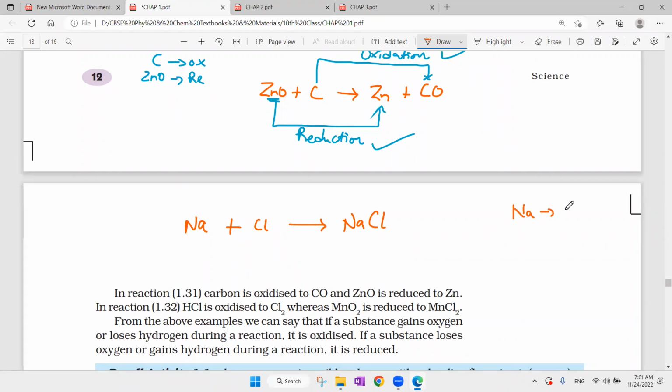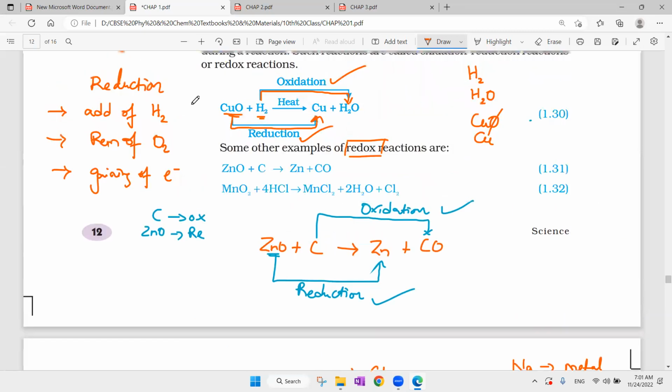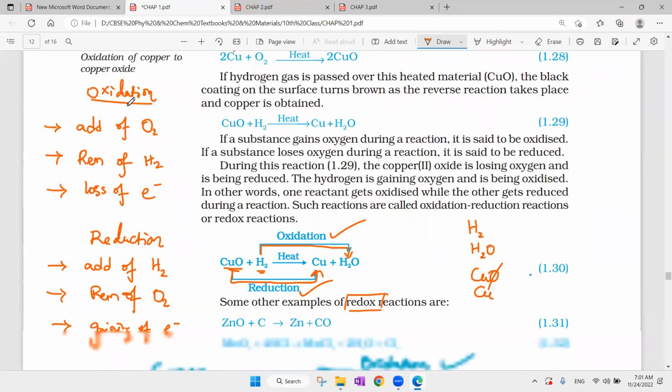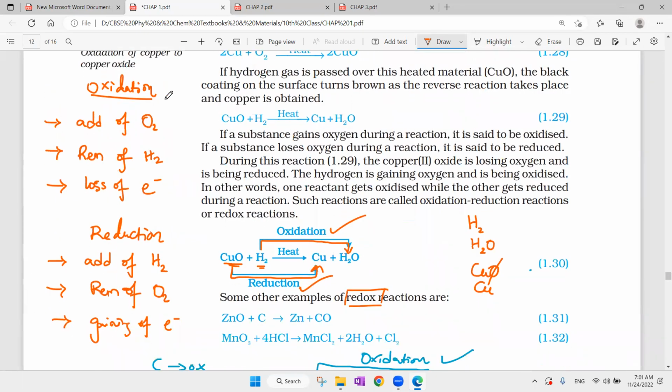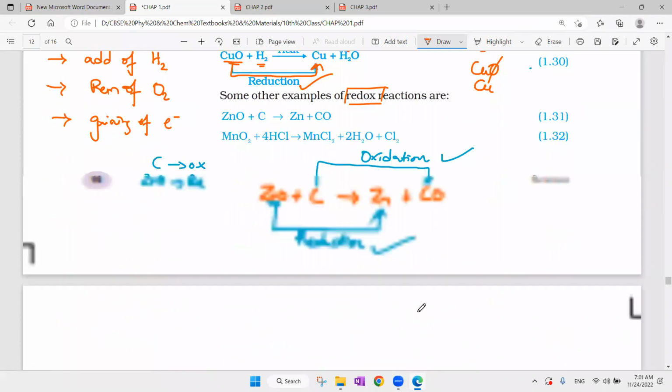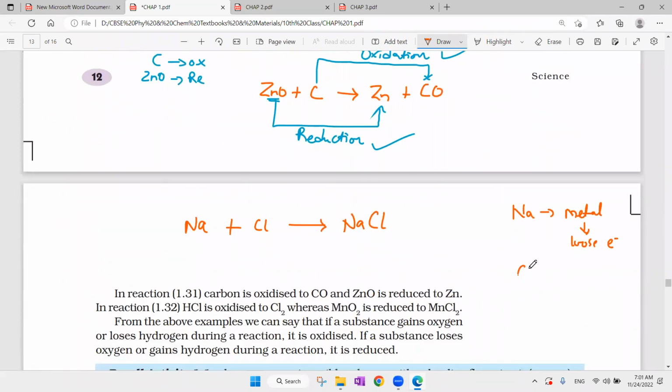Sodium is a metal, isn't it? Metals always lose electrons. So loss of electrons is nothing but oxidation. Na is oxidation and Cl is reduction. Chlorine is a non-metal, and non-metals always gain electrons, which is reduction. So sodium is getting oxidized and chlorine is getting reduced. You have to tell that.